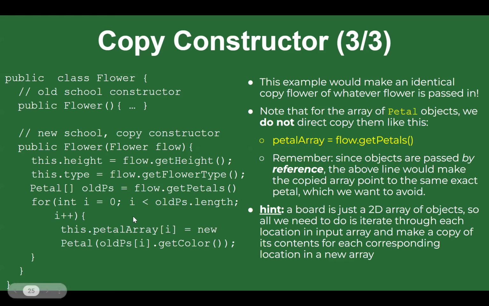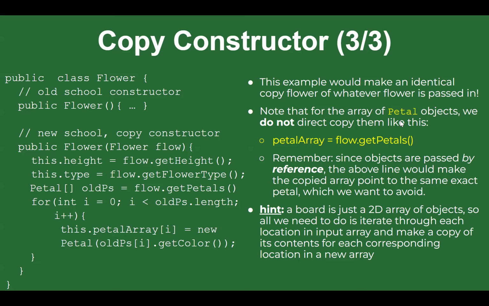How we're doing that is we're looping through all of the old flower's petals, and all we need to know for the petal is what the original color was. So when we create the new petal array in this copy constructor, we are populating it with new petal objects, but using the old petal's color. So it's essentially logically the same, just making sure that it's a copy and not the original. So this example would make an identical copy of whatever flower it's passed in.